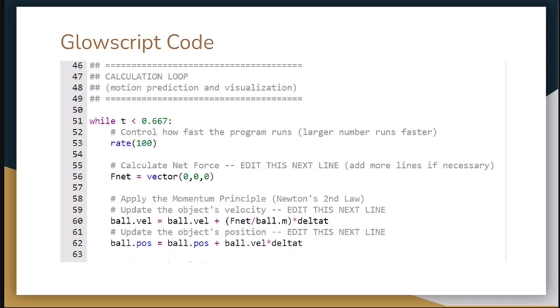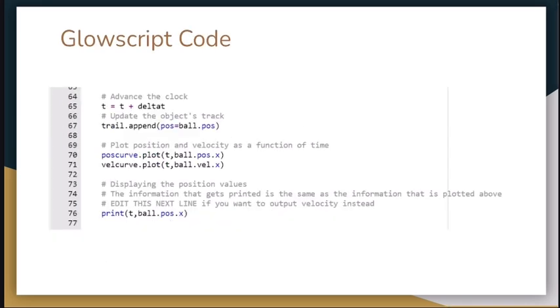We also have that our ball's position is equal to the ball's initial position plus the ball's velocity times the change in time. At the ending right here, we have t is equal to t plus delta t, which helps us go to the terminating condition as we add 0.01 seconds every time. And the rest of the code is just for the graphs, no real physics.